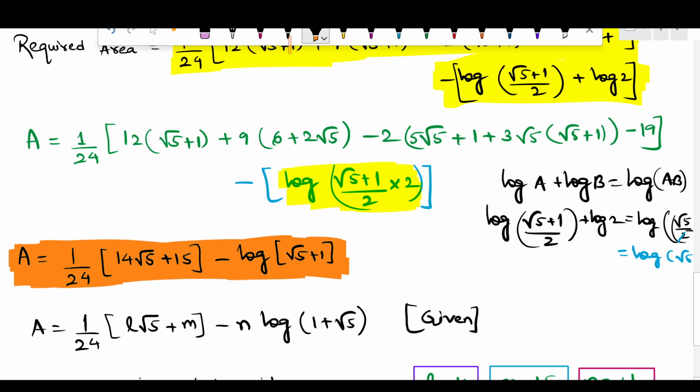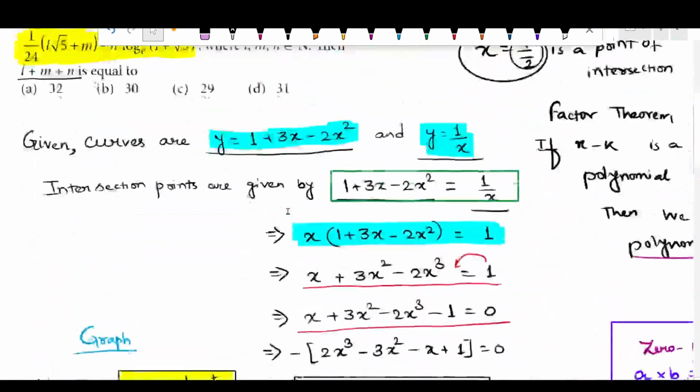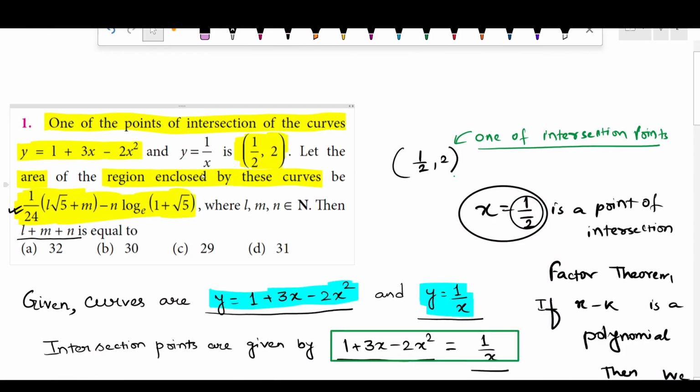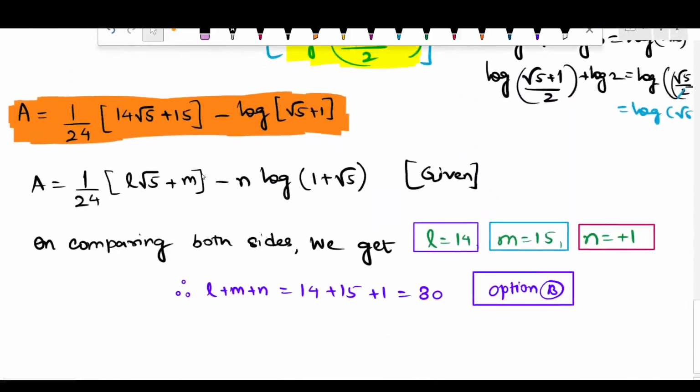We have found out the area. Now see, we were given in the question that the area is this, right?